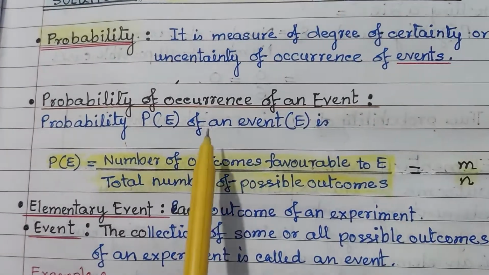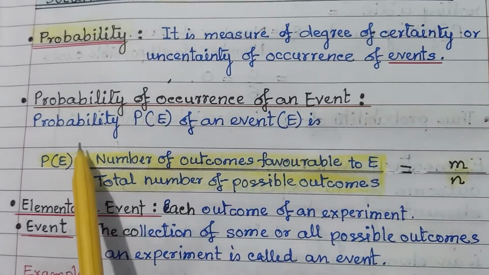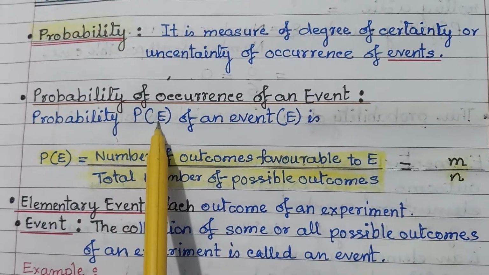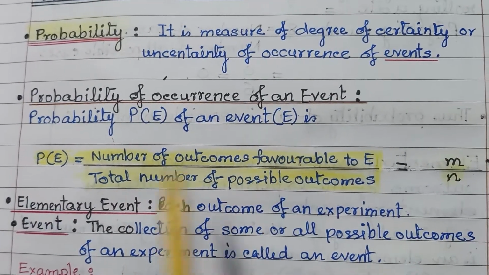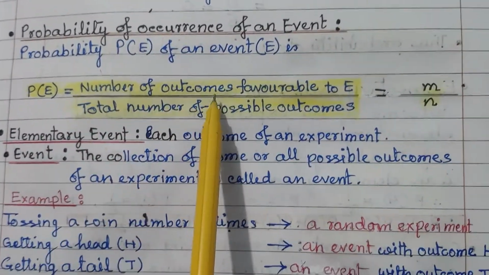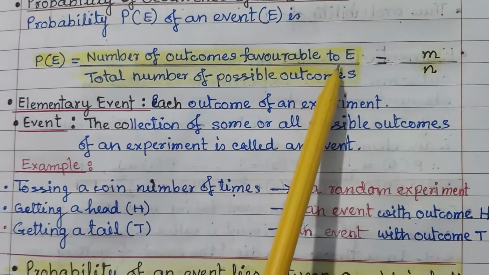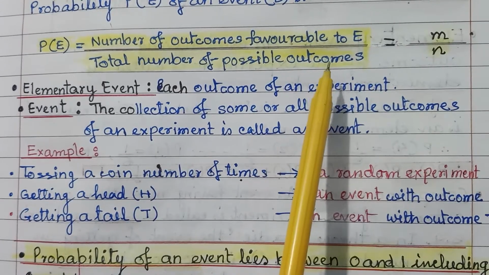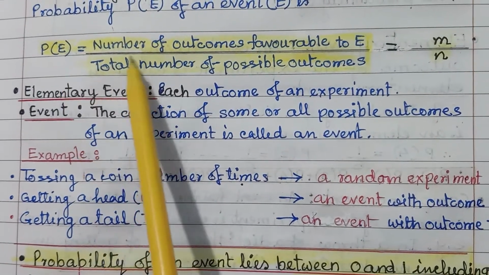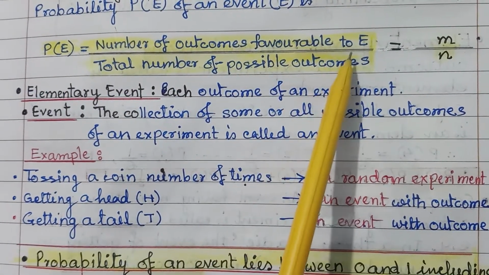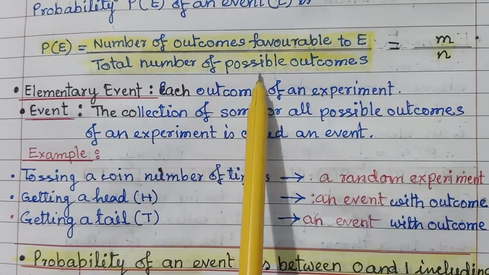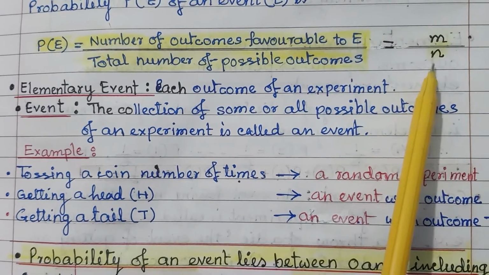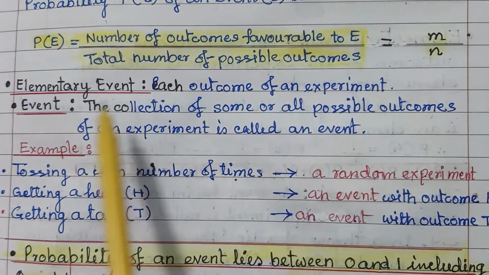The probability of occurrence of an event E is the number of outcomes favorable to E upon the total number of possible outcomes, that is M upon N. This formula we have to learn.